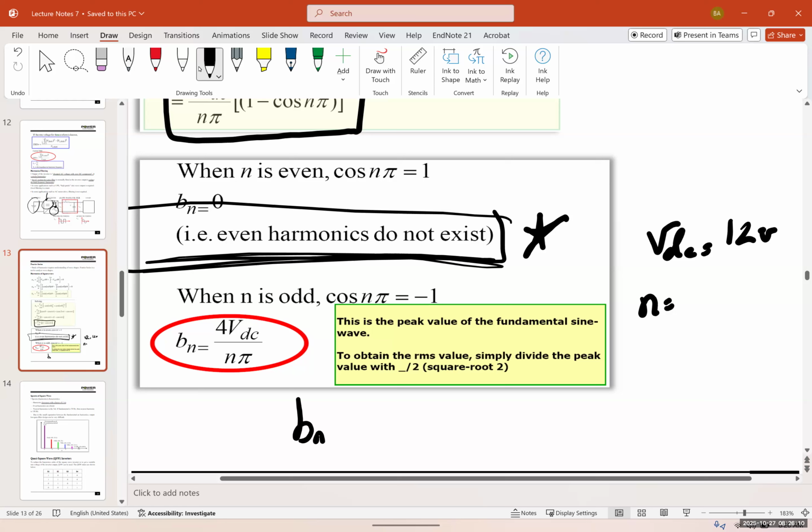We want to find it at its first harmonic and third harmonic. Bn is, by the way, the peak fundamental sine wave. If we want to find it at the fundamental, n is going to be equal to 1. But we want to find it at the third harmonic as well.